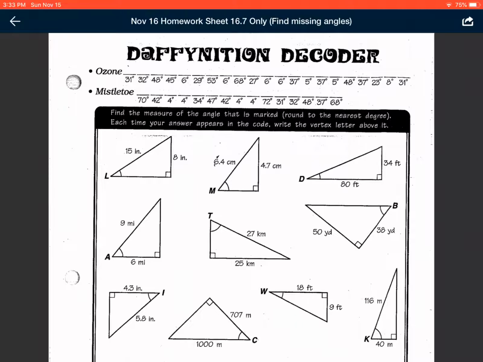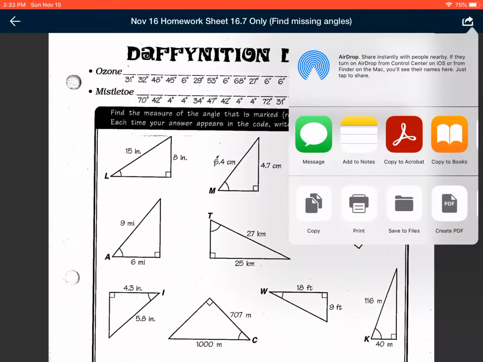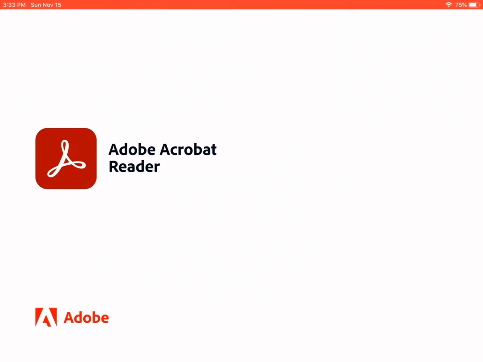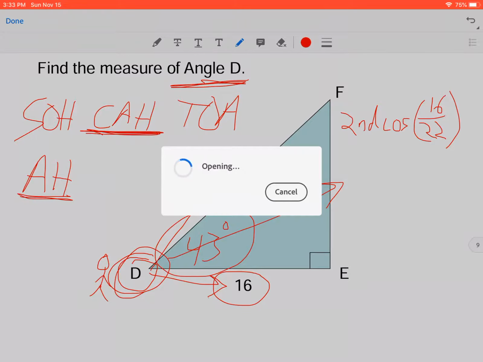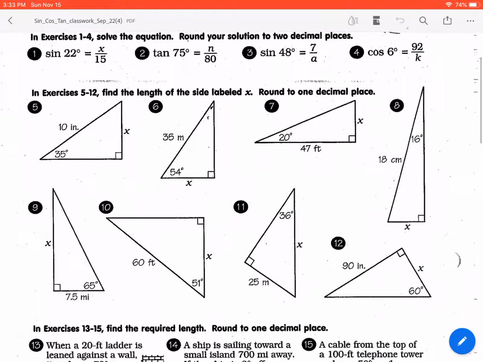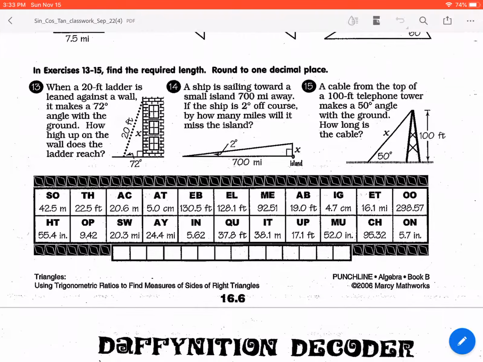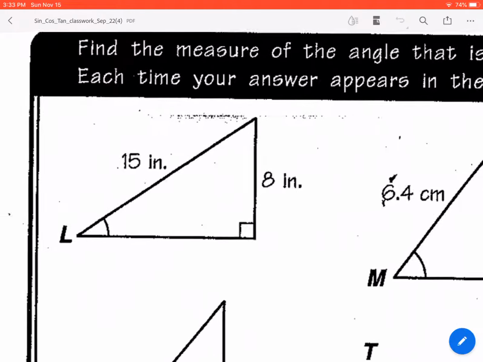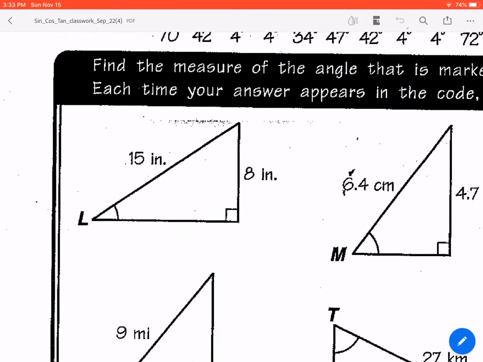Now, again, what you need to do is either, you can print it off if you want to, or just draw the triangles. All you're doing is finding the missing angles. So it should be this one here. All right. So for example, this one right here, you're just finding angle L.